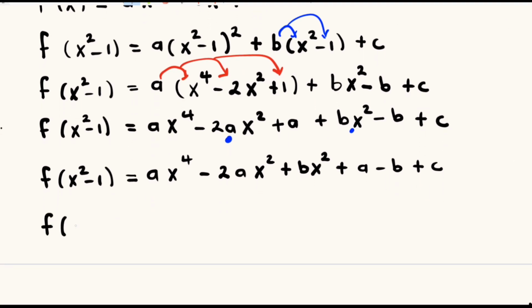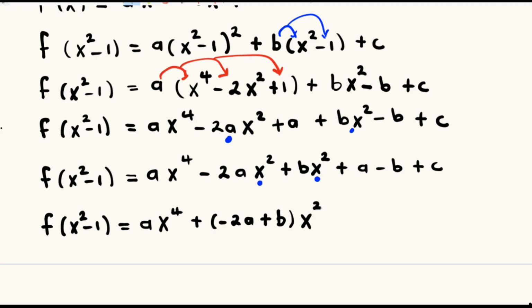So our f of x squared minus 1 will be equal to a multiplied by x to the power 4, and we take out the x squared as our common factor, and we'll have negative 2a plus b multiplied by the x squared plus a minus b plus c.